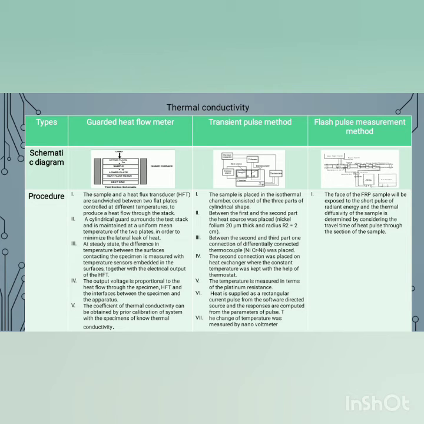The temperature is then measured in terms of platinum resistance. Heat is supplied as a rectangular current pulse from a software-directed source and the response is computed from the parameters of the pulse. The change of temperature was measured by a nanovoltmeter.